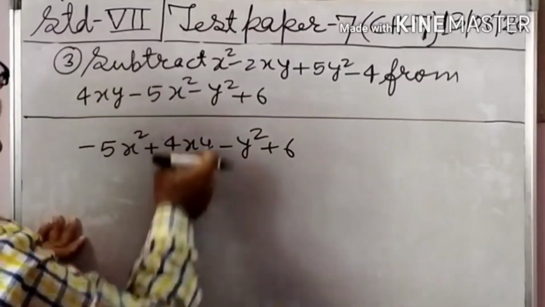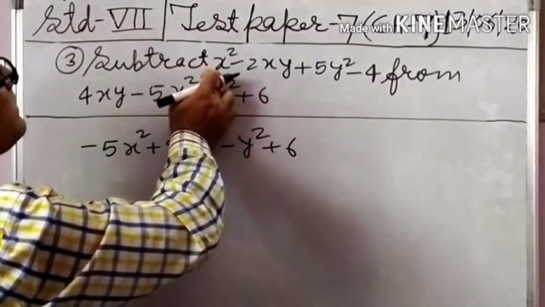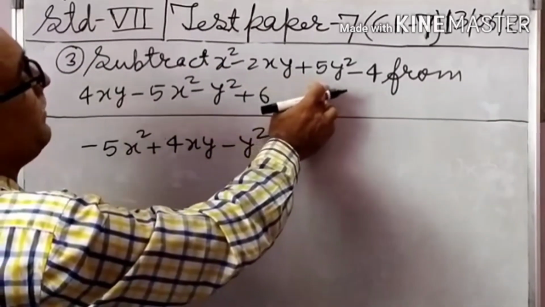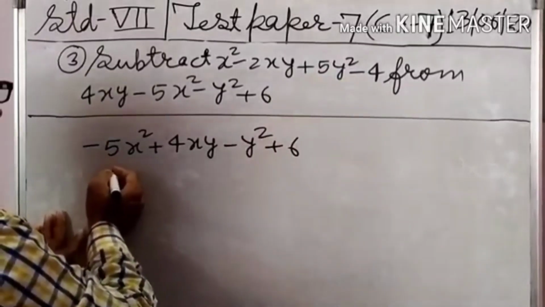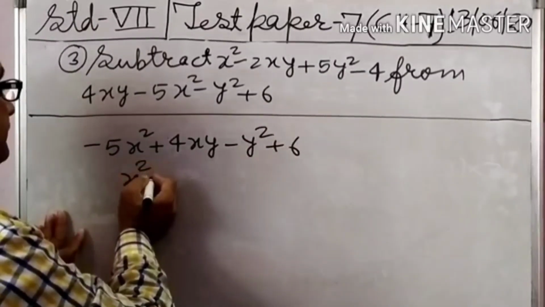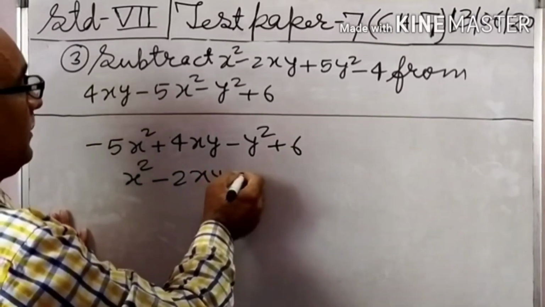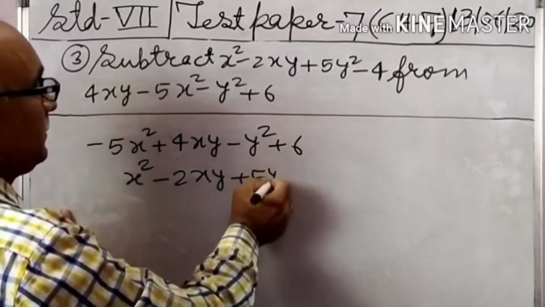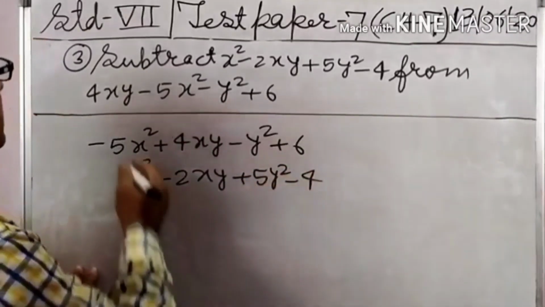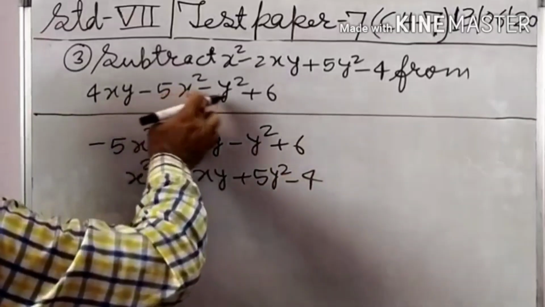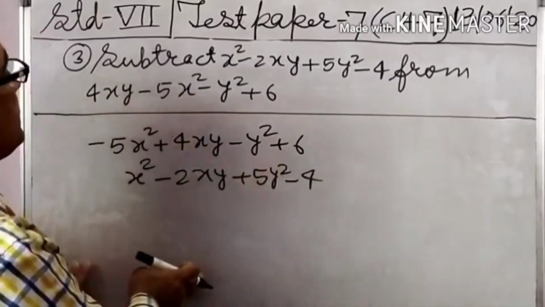Arrange it. Now write what to subtract: x square minus 2xy plus 5y square minus 4. In this, minus 5x square plus 4xy minus y square plus 6.